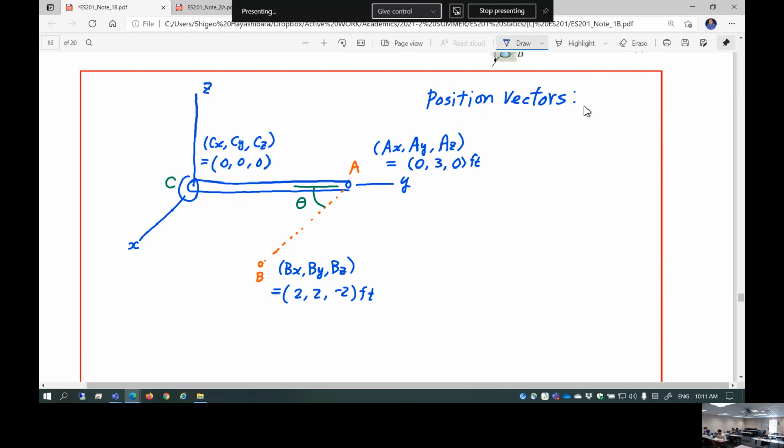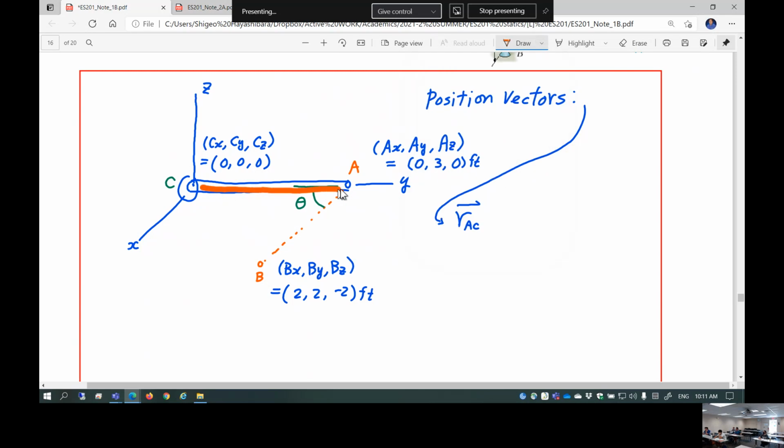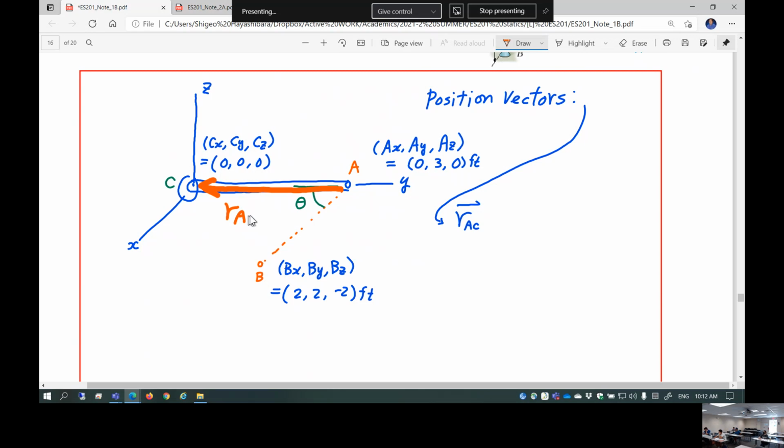So position vectors. I want to find out, first of all, RAC. RAC is, let me use this, it's too thick, but this is RAC.